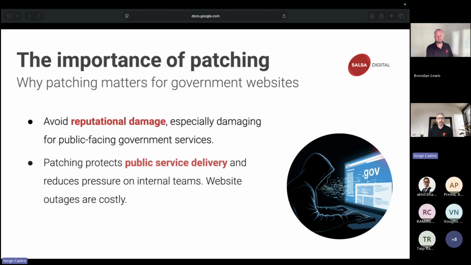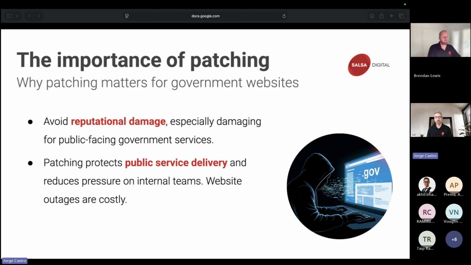Okay, so finally, I quickly touched on this. There are a lot of operational benefits that come from patching. We want to be able to deliver essential public services. The information provided in some of the Drupal websites is a public service. We all need access to that information.